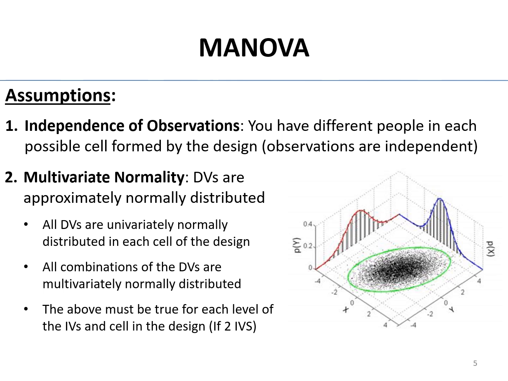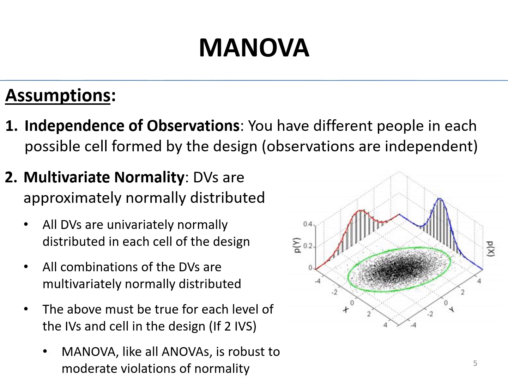So everything's normal, basically, is the way to think of this, and all pairs of things are normal. So MANOVA, like all of the ANOVA family, is robust to moderate deviations from this. So if it's a little bit violated, not a big deal, particularly if the sample sizes are equal.